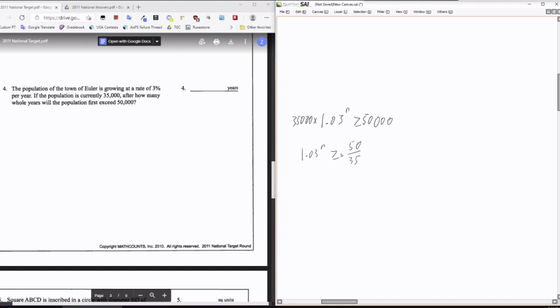It says first exceed 50,000, so it can't be equal. Okay. So 50 over 35. And now we just have to use logarithms. So like log base 1.03. Did I do this right?